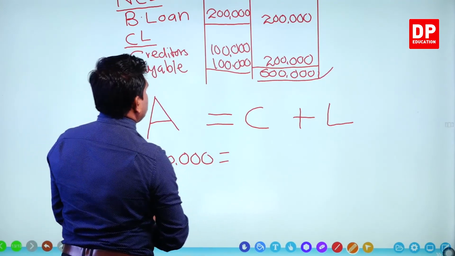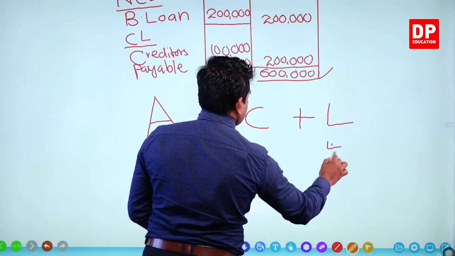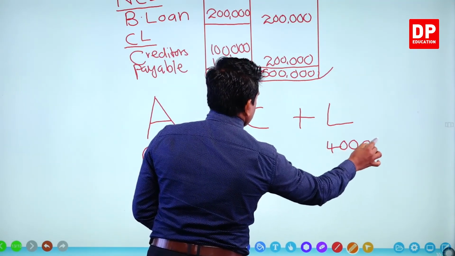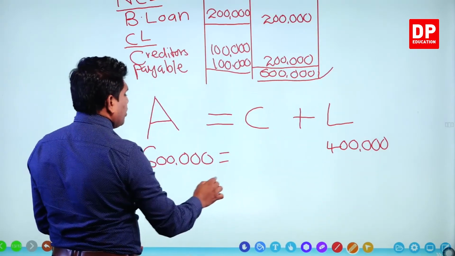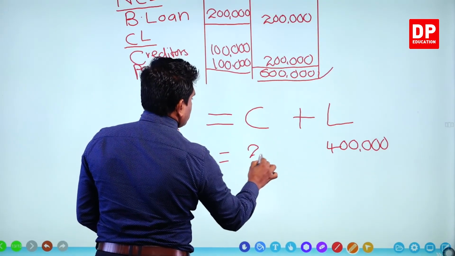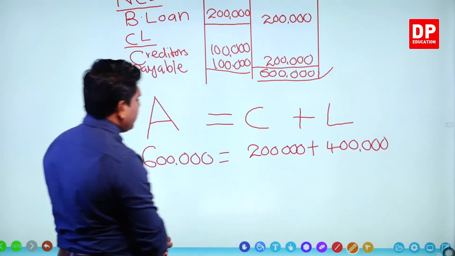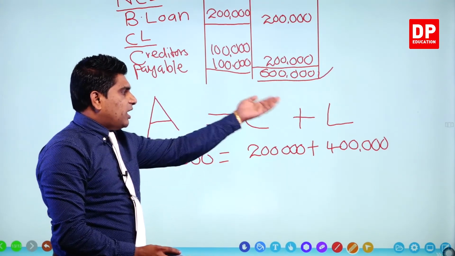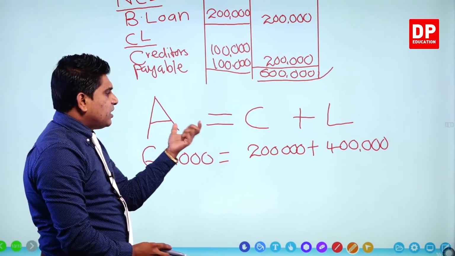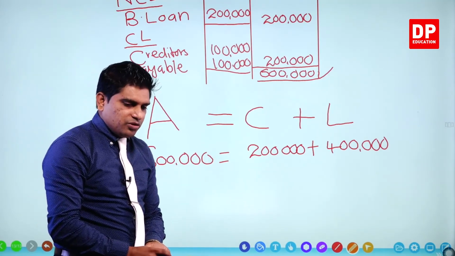Then liability how much? Here 200 and 200, 400,000. Then capital you got how much? 200,000. Assets 600,000, capital 200,000, liability 400,000. This is the basic theory of statement of financial position.